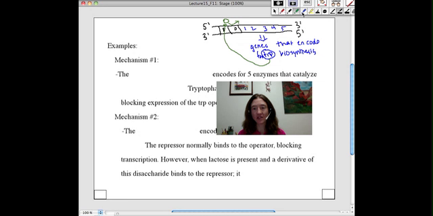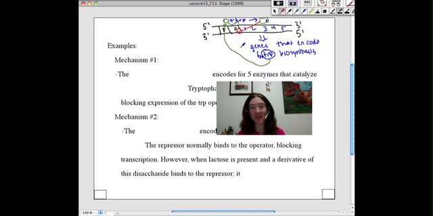So let's write like this. Repressor plus tryptophan then forms something that can now repress. I'll just show tryptophan as a little blue molecule there. And now we'll recognize that this repressor is capable of binding to the operator and blocking expression because the genes are no longer needed.